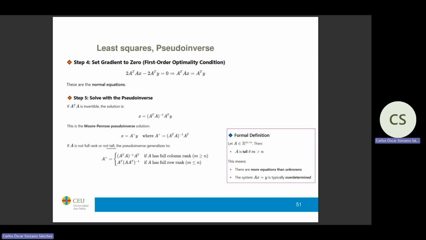The statement here is: if A is not full rank, so the rank is not m or n, or it is not tall, and the definition of a tall matrix is this one: A is tall, it has more equations than unknowns.